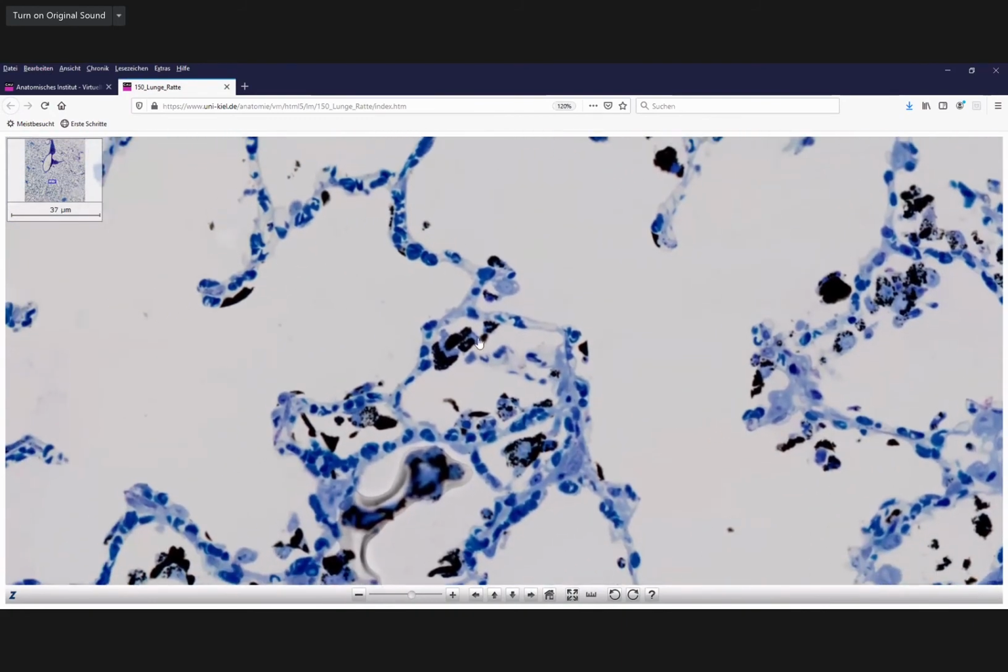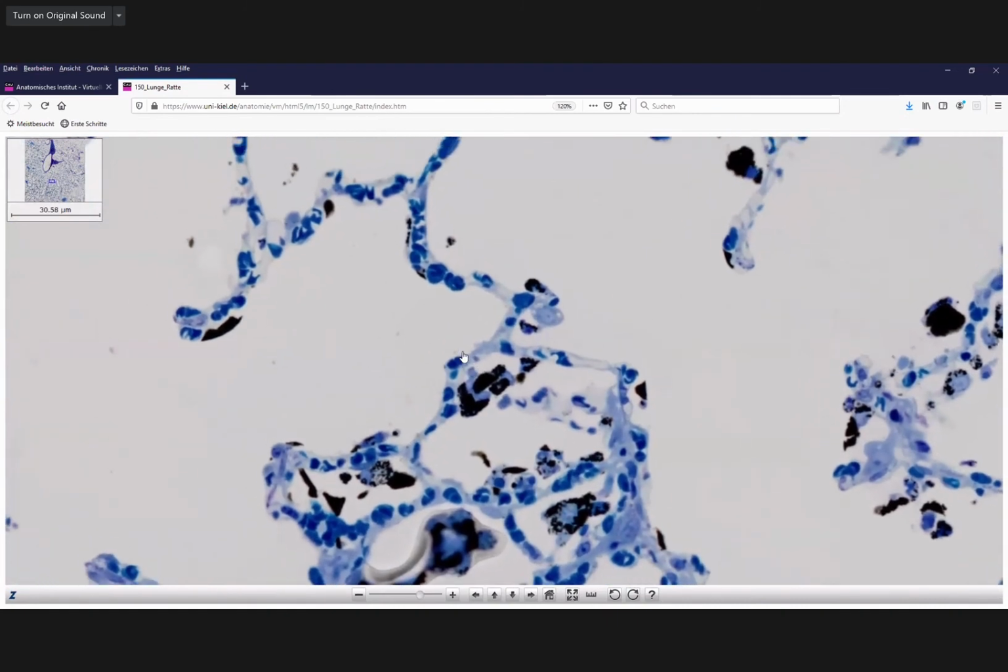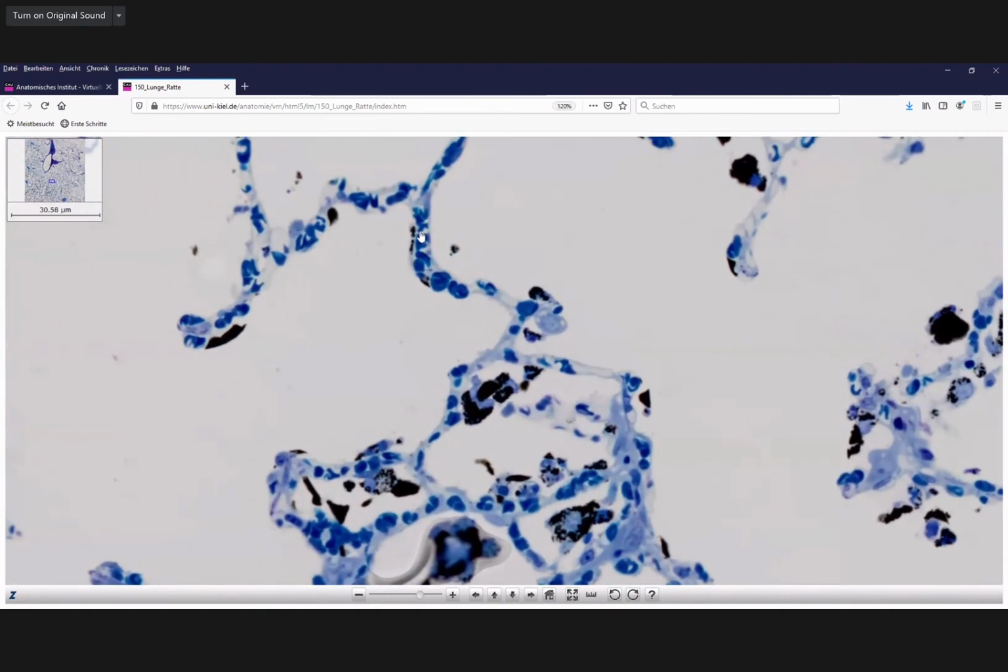Okay, and then of course you have the capillaries inside of these walls, these interalveolar septa, and they are normal capillaries with endothelial cells. Inside are red blood cells. And so if you want to define how the barrier looks like between the air and the blood in the capillaries, which different layers do you have in that barrier?